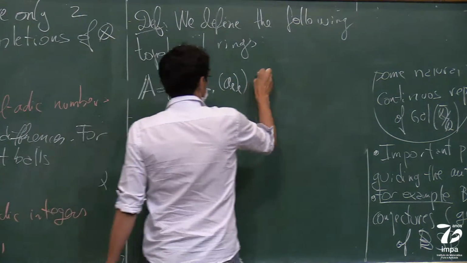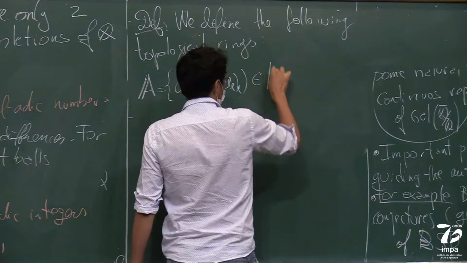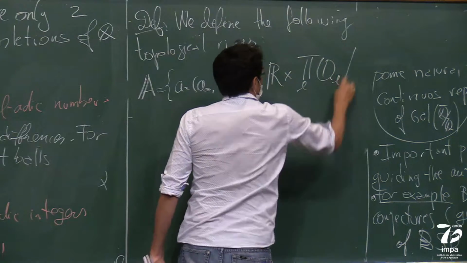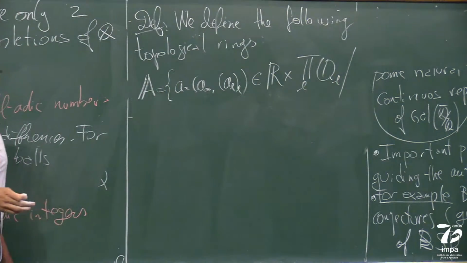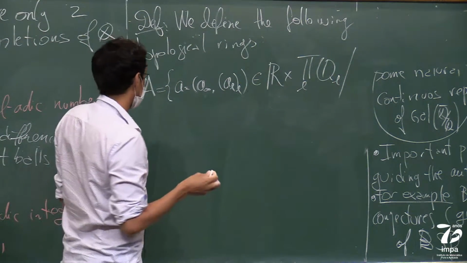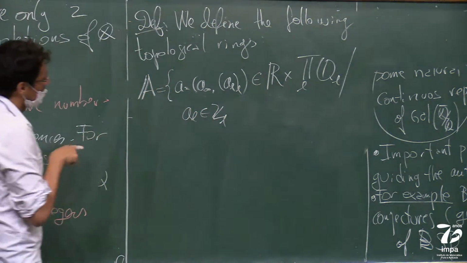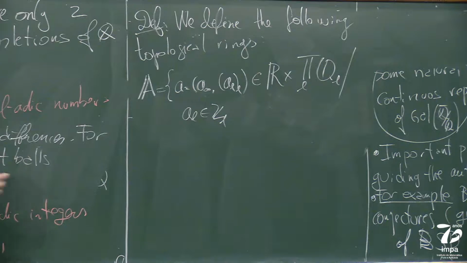This is an element of the product that you want. But because of these topology issues, you restrict a little bit, and you ask that a_L is in this unit ball for almost every L.